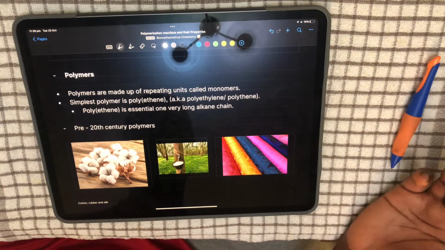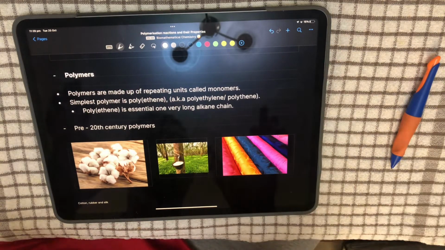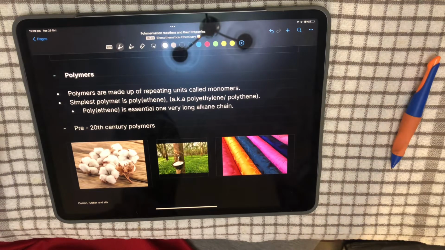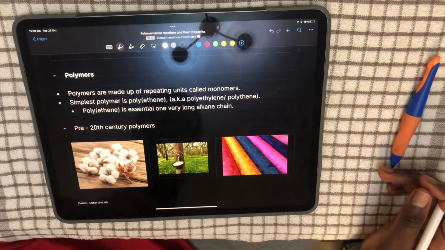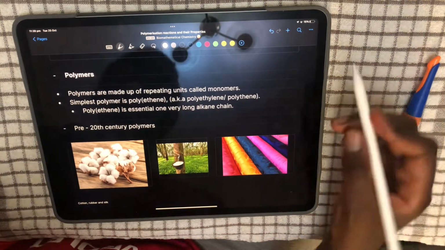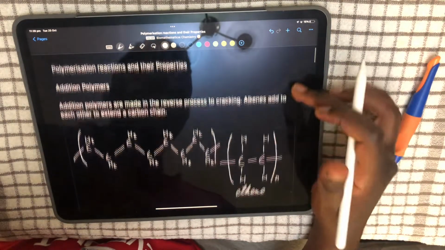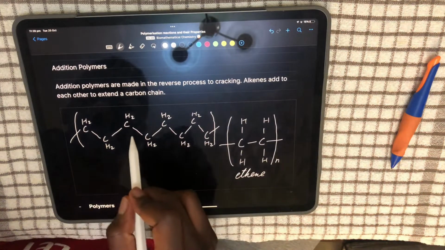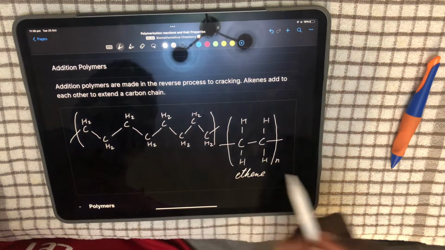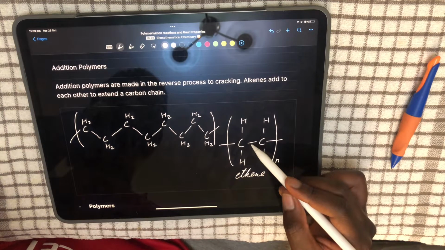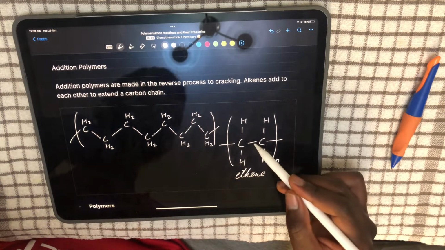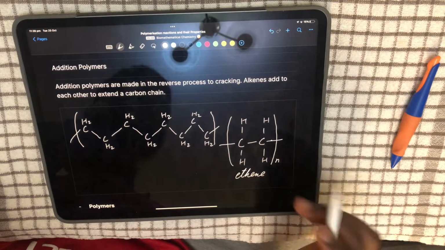Polyethene is essentially one very long alkane chain from ethene. It does look like a massive alkane chain, but technically you have to remember that the double bond in ethene is broken to allow the bonds to happen.